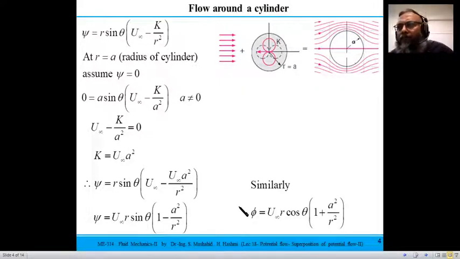Okay. Similarly, we can work out the corresponding velocity potential function once we substitute capital K equal to u infinity times a square. So we will end up with the velocity potential function like this.